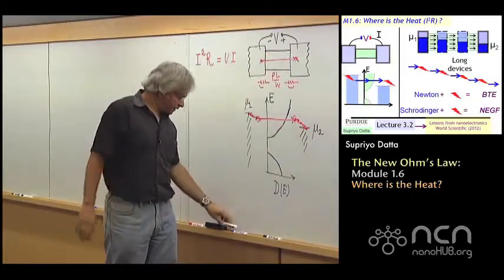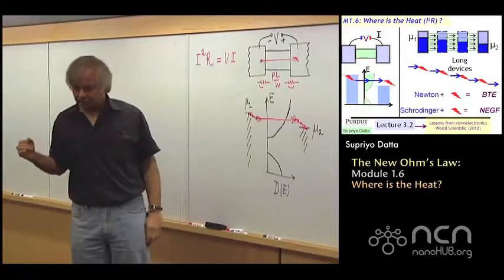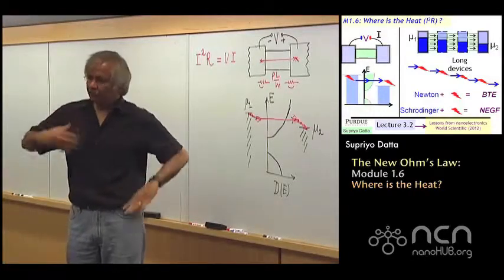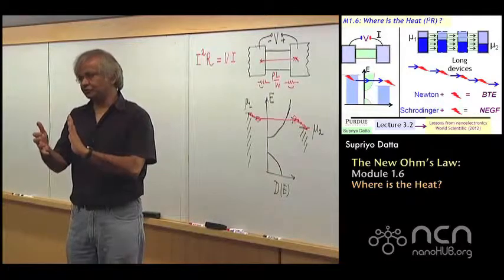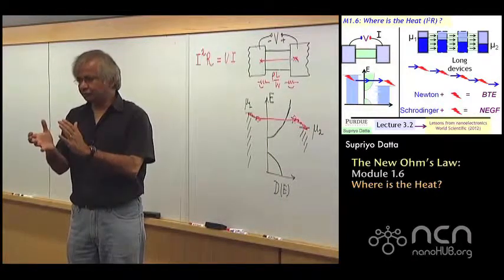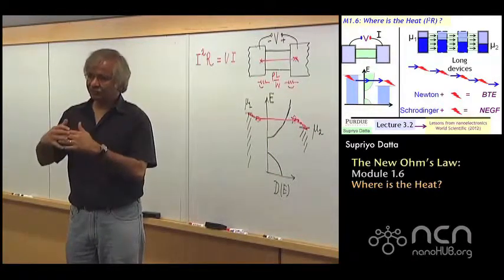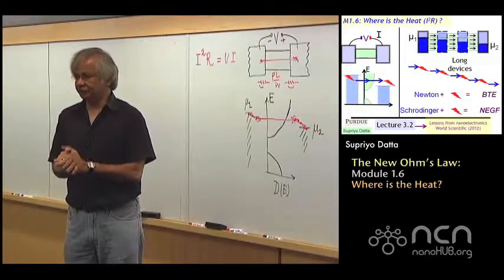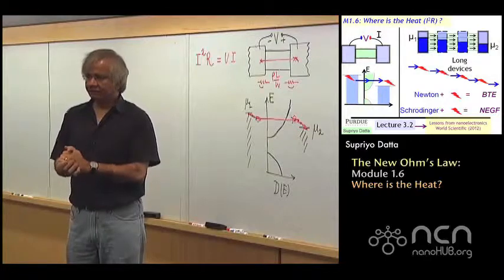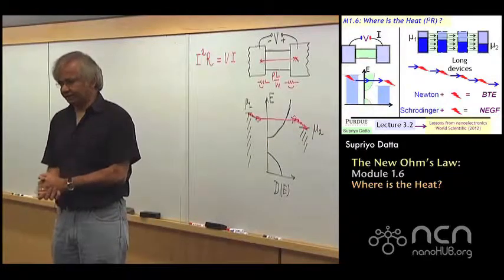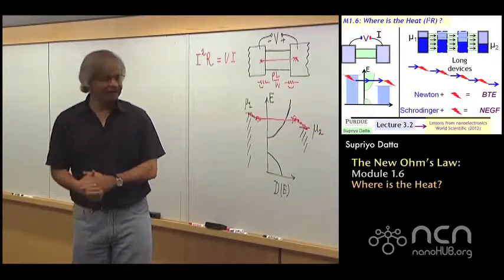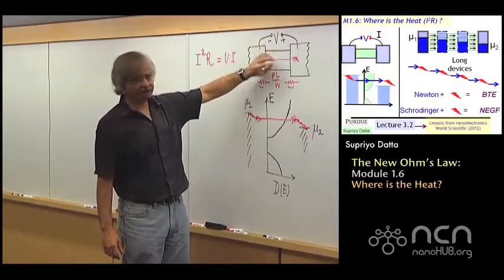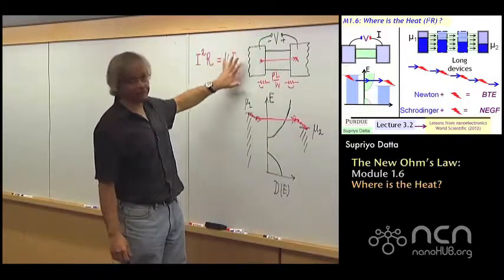And there's experimental evidence for this, in the sense that if all that heat were actually dissipated in the nanotube, it would have melted, because that small thing, there's no way it can get rid of that much heat. But the understanding is the reason it doesn't melt is that the heat is not dissipated in this small little thing here, but rather it is dissipated in these very big contacts.